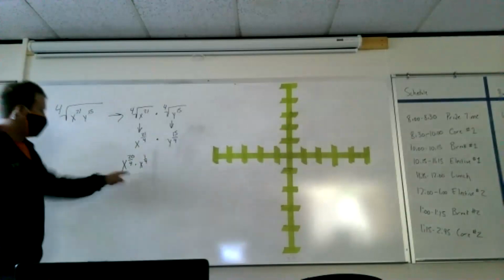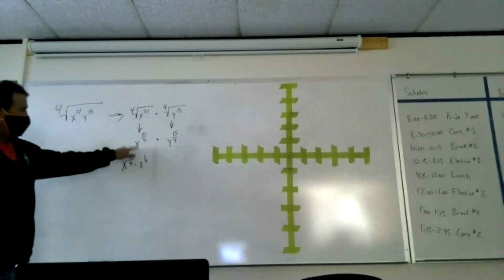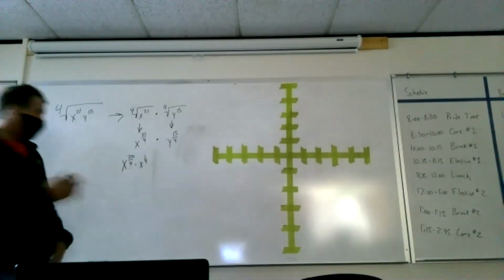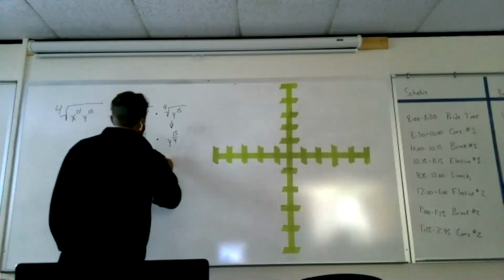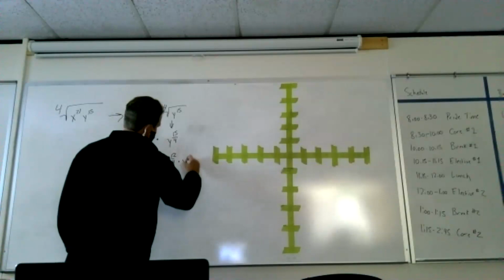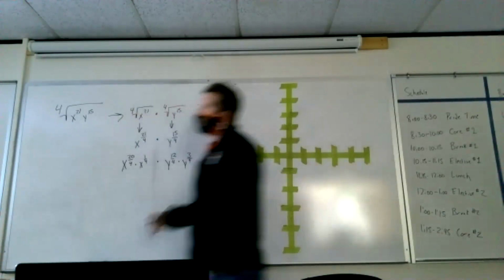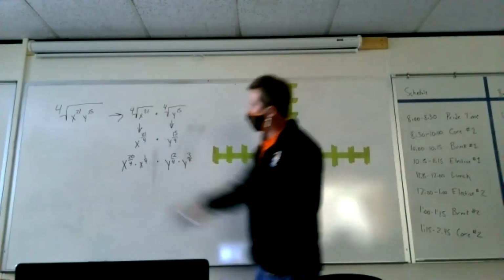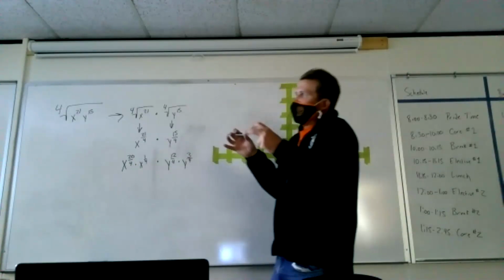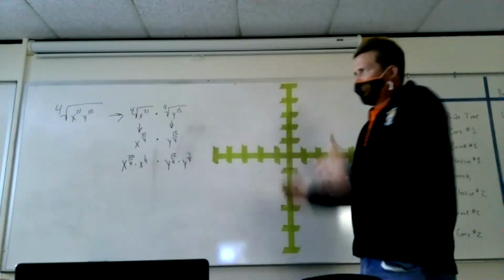If I were to multiply these two together, I would end up with x to the 21/4. I'm going to do the same thing with my y's. y to the 12 over 4 times y to the 3/4. The reason I'm doing that is because I want to try to get whole number exponents. So I'm expanding that exponent to make my life easier.